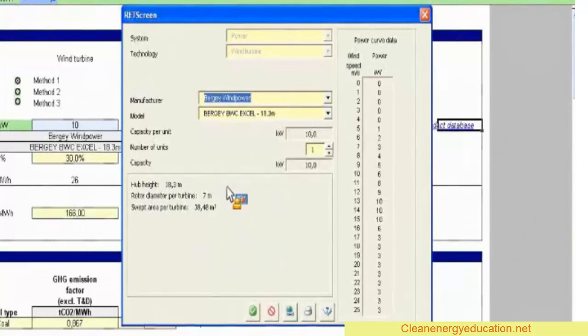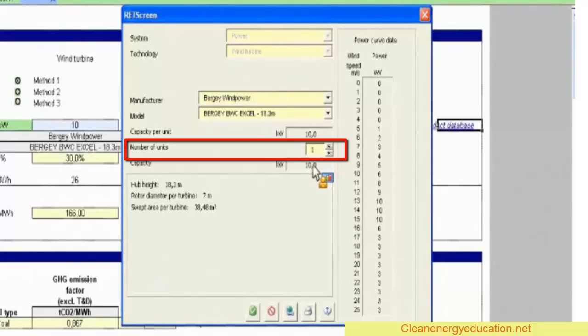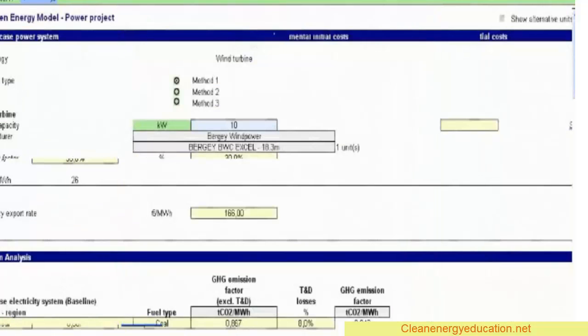So we are sure that with high wind speeds this will produce, even if it's lower than optimal speed, between 13 and 15 meters per second. So we can choose several units, but we will choose one unit of 10 kilowatts. Then we click OK.